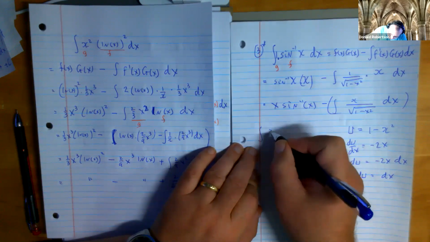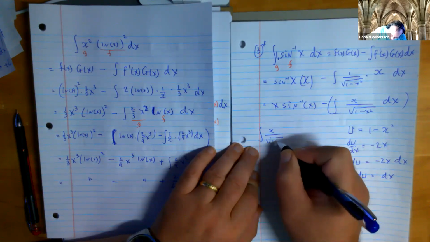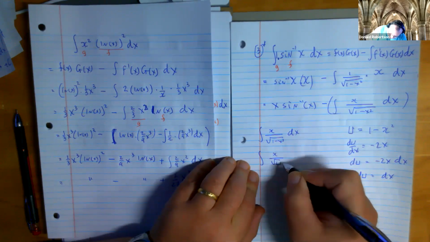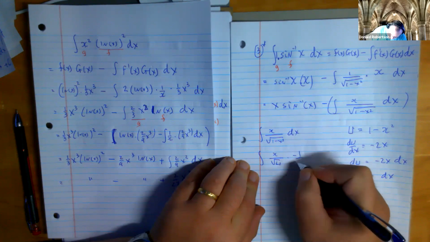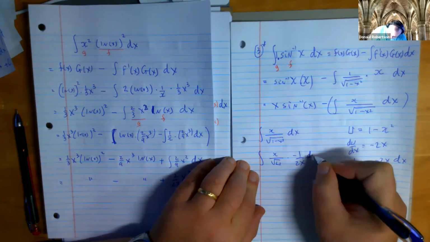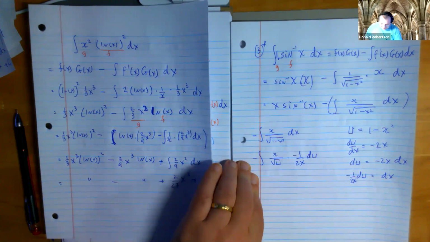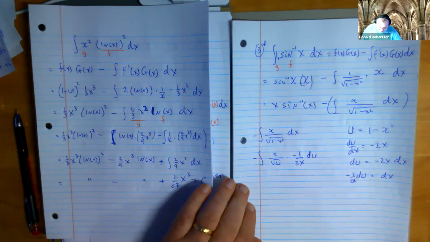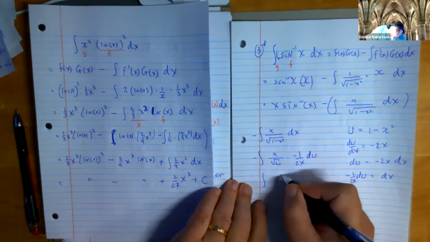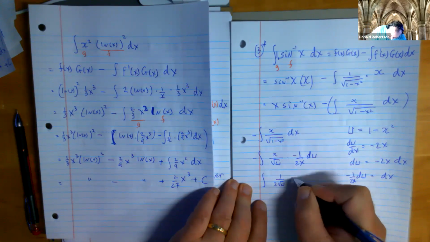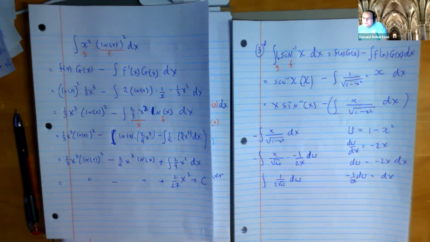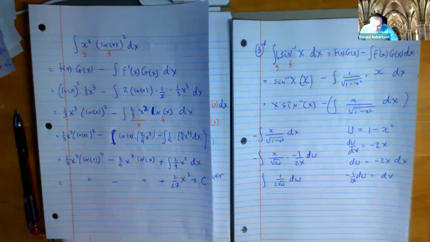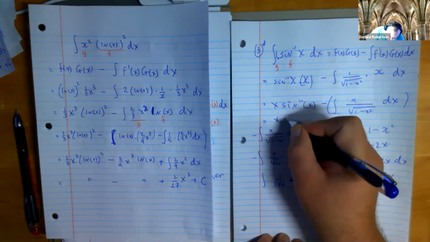So this fella here, well, you have an x, you have a square root of u, and you have a negative 1 over 2x du. Well, I've changed my mind. I'll bring that negative in because it's going to match nicely with this one, and the x's are going to cancel, and I'm basically going to be left with that, which isn't too bad. This negative and that negative cancel, so this is going to be a positive answer. I hope I have enough room to squeeze it in. There it goes.